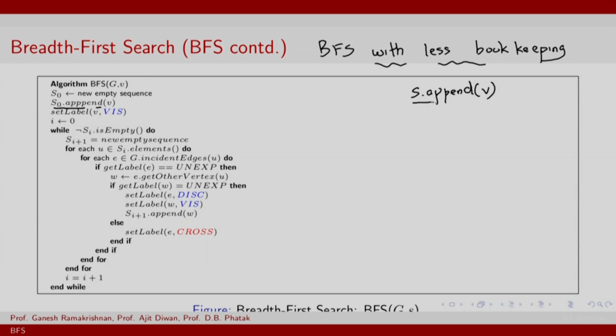The next thing we do is set the label. So the label of V will be basically visited, because we know that we visited it, but we are going to distinguish between visited nodes and expanded nodes. So yes, indeed we have visited it, I will mark it so, but I will introduce one more color to denote nodes that are already expanded. V has not yet been expanded, it has been added to the queue.